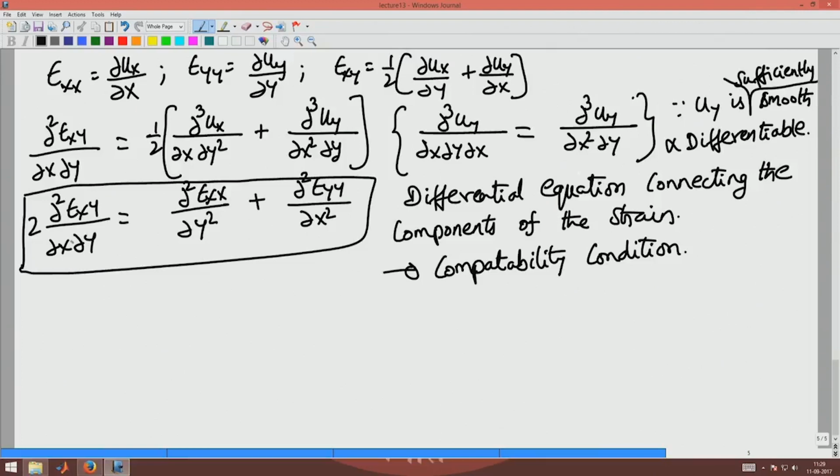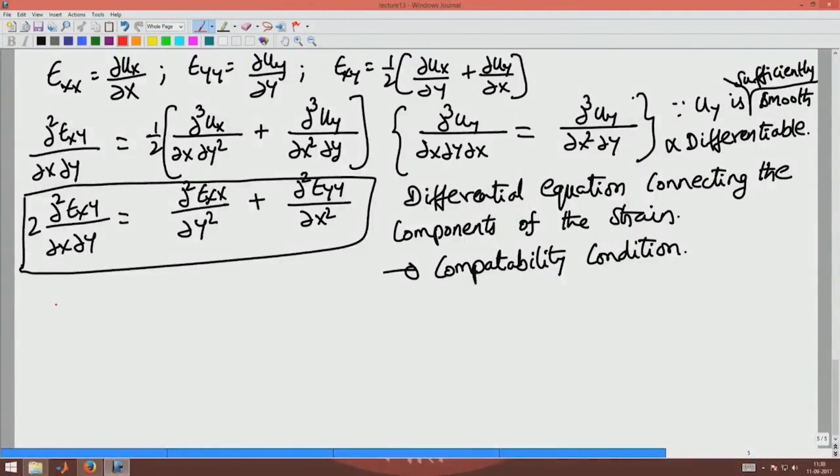This is if I assume the strain is plane in terms of the x and y directions. Similarly, I can write the condition for the strain being plane in terms of the other 2 planes. Okay. So, if the strain is plane in the xz plane, I will have ∂²ε_xz/∂x∂z given by ∂²ε_xx/∂z² plus ∂²ε_zz/∂x².